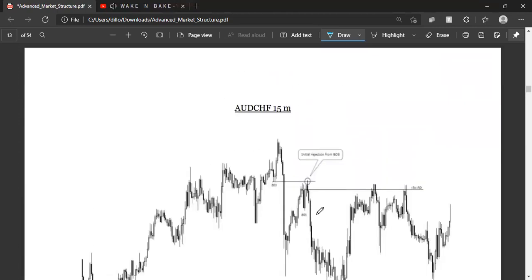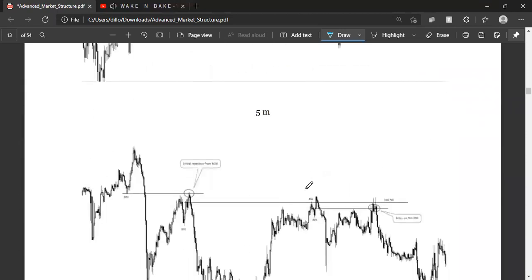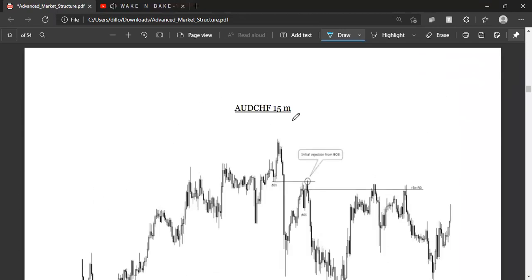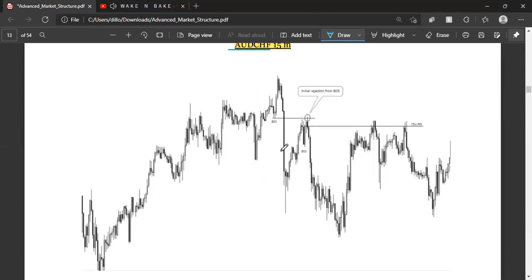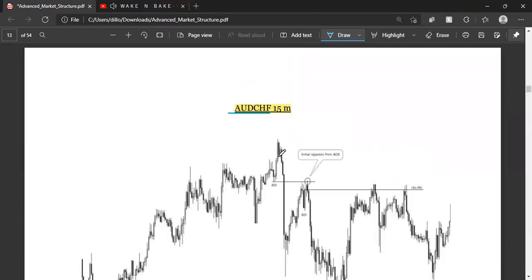Next example, we have AUD CHF on the 15-minute time frame. And wow, this is another one of my favorite setups. They're so clean. So what do we see before my circle?